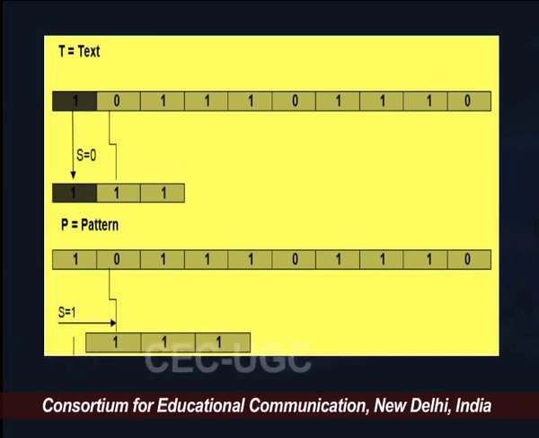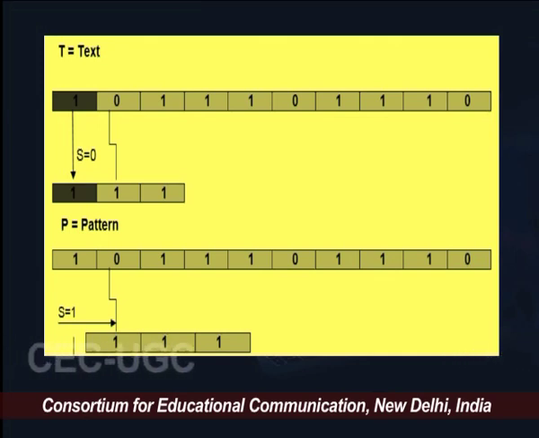If in the first occurrence our shift is 0, because we have not shifted our pattern at all, we have just tried to align text 0 with pattern 0. So, text 0, the element is 1, and the first element of the pattern is also 1. So, that is a match.